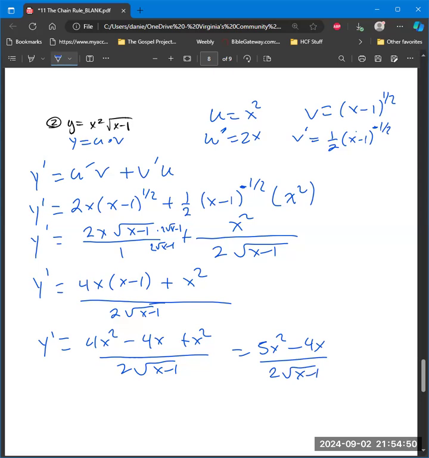And we can factor just a little bit in the top here, x times 5x minus 4 over 2 root x minus 1. All right.